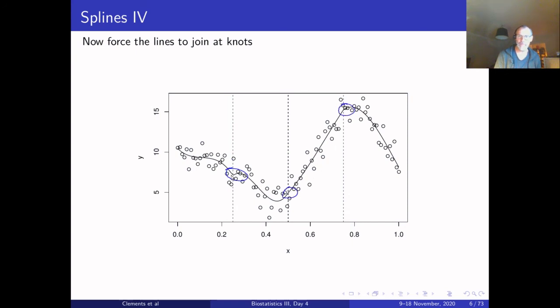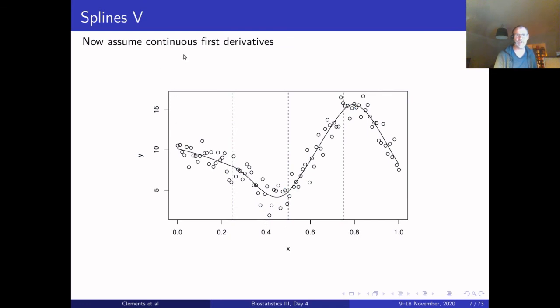That looks okay here, but it looks a bit weird here, because the slope coming from this side is quite different to the slope coming from this side. What we can do to make this look nicer is say we want the slopes to be the same at the knots. So this is assuming continuous first derivatives. Now the slopes are the same here, here, and here.